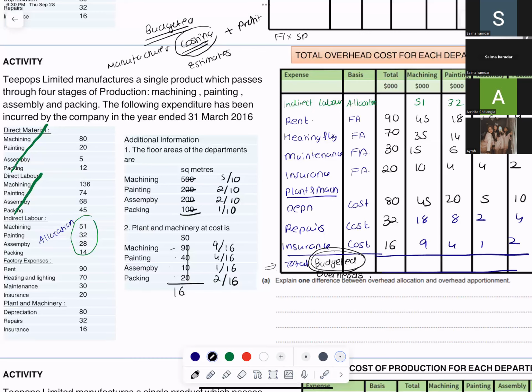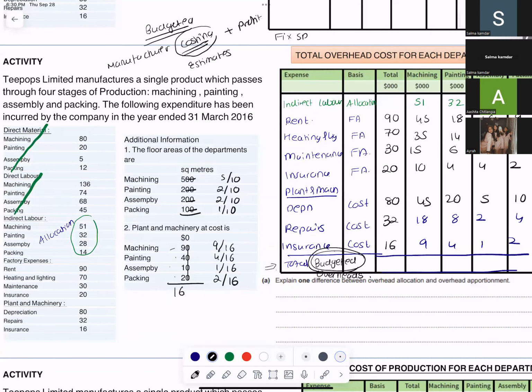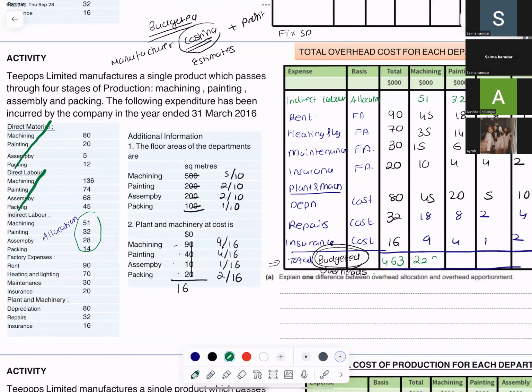Can I get the total of all this? What is the first total? 463. Machining total, 228. Painting total, 106.